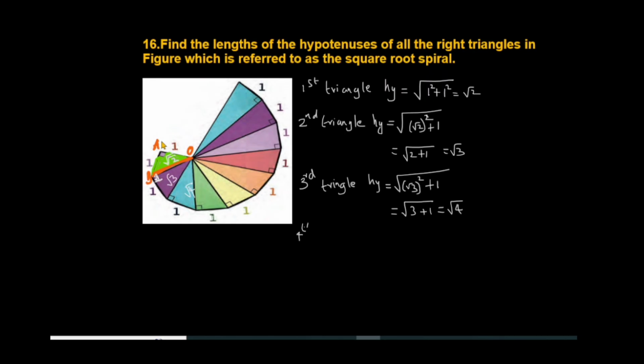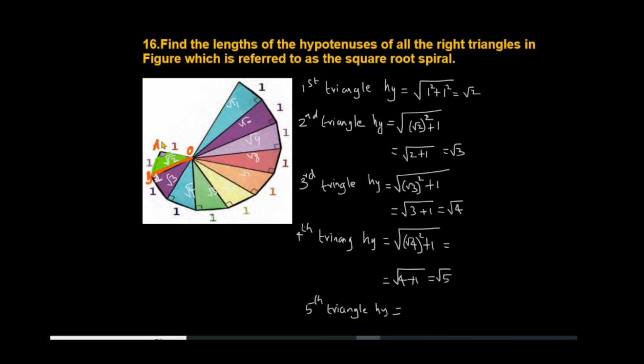So the fourth triangle hypotenuse is equal to the square root of (root 4) whole squared plus 1, is equal to 4 plus 1, is equal to root 5. So the fifth triangle hypotenuse, this is root 5. So this is root 6, this is root 7, this is root 8, this is root 9, this is root 10, this is root 11.